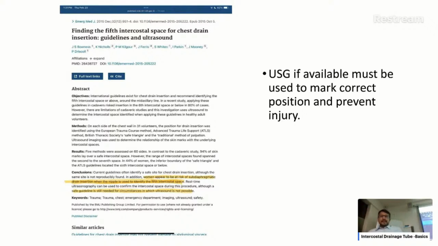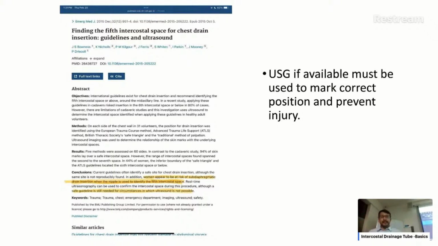This is a study in which finding the fifth intercostal space for chest drain insertion manually was compared to the ultrasound. First of all, we should use USG if available to mark the correct position and prevent injury.